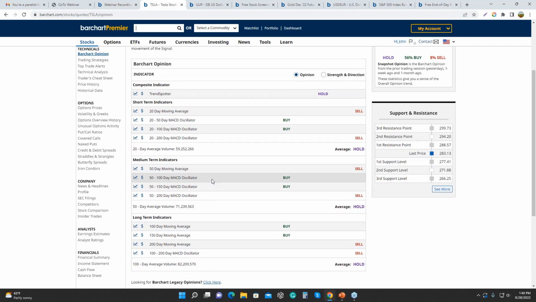Yeah, I know that when I talk to the support guys, they said this is one of those questions they get a lot, right? Folks kind of think that our bar chart opinion is like an analyst. An analyst is going to look at Tesla from a different angle, probably more from a fundamental aspect than from a technical aspect.